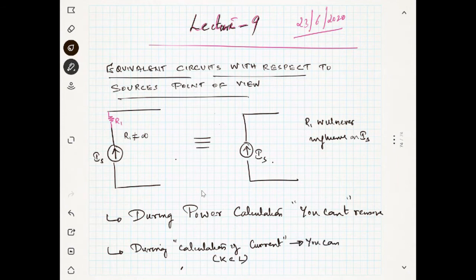You can remove it because it is a current source, and nobody will influence this current source. If this is 3 ampere from Is, then whether you connect R1 or not, it will be 3 ampere. But if R1 is infinity, the situation is different. If R1 is not equal to infinity, this will be the case. I hope that you understood this, right?